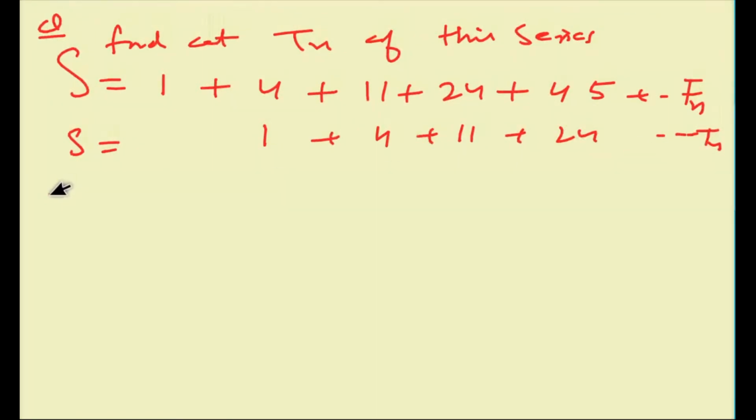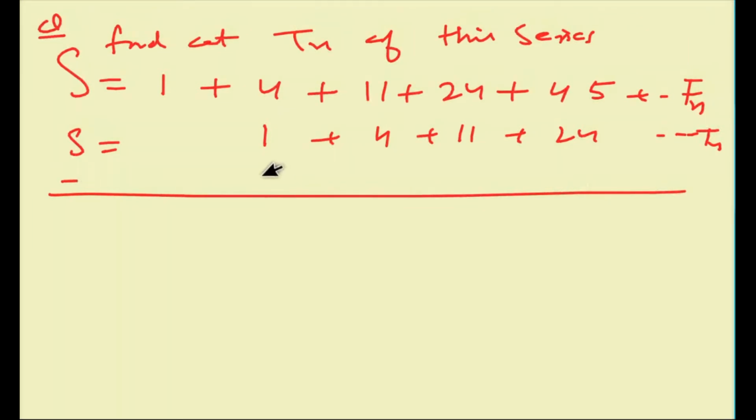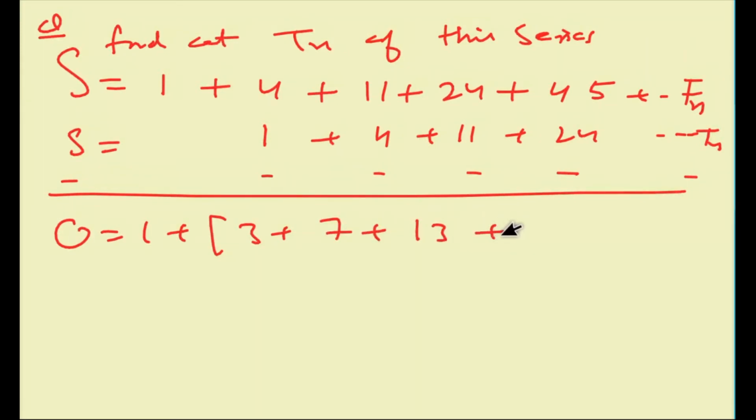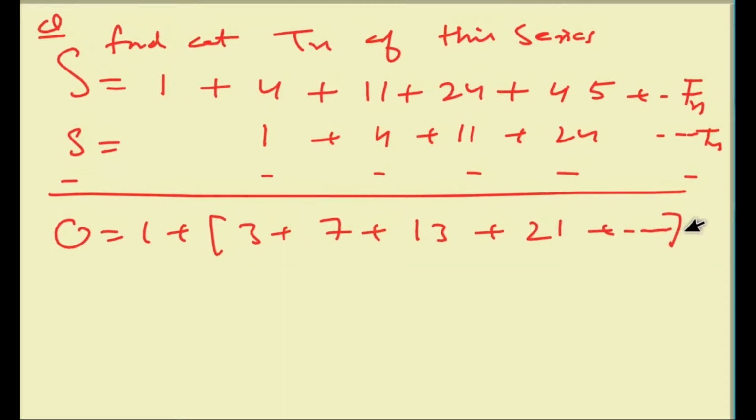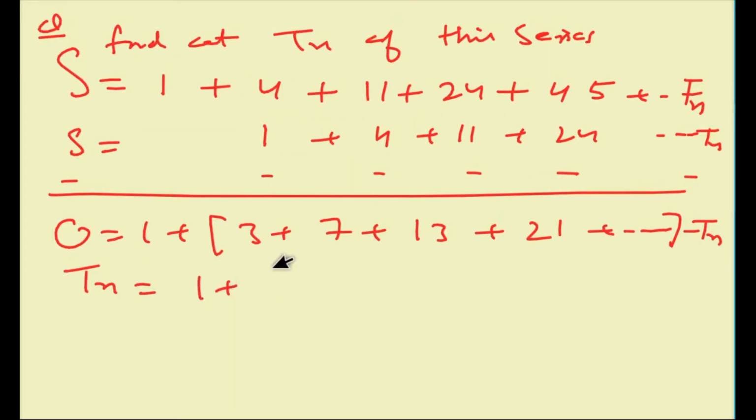Now subtracting it: 0, then bracket 1 plus 3 plus 7 plus 13 plus 21 plus and so on, minus Tn. So taking Tn here, we get 1 plus 3 plus 7 plus 13 plus 21 up to n minus 1 terms.